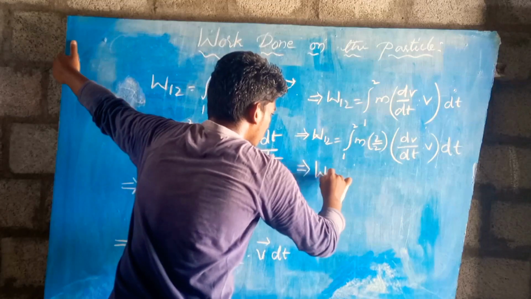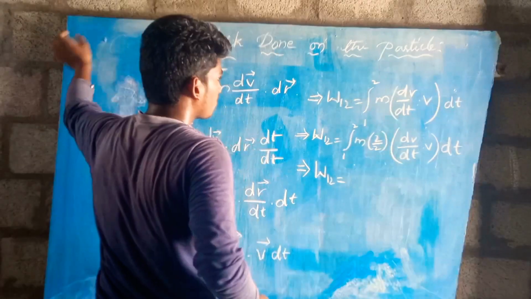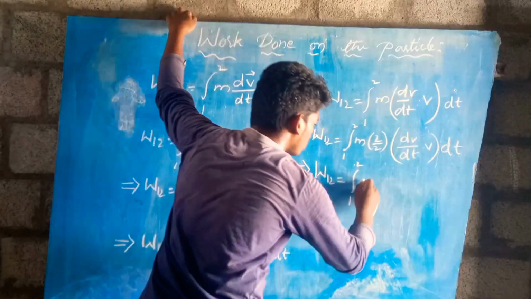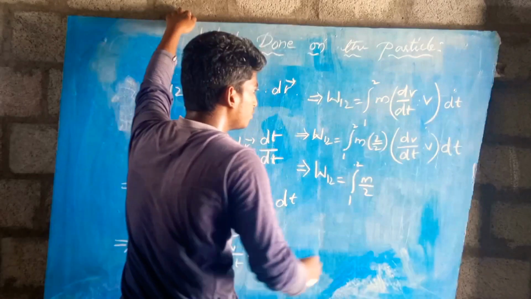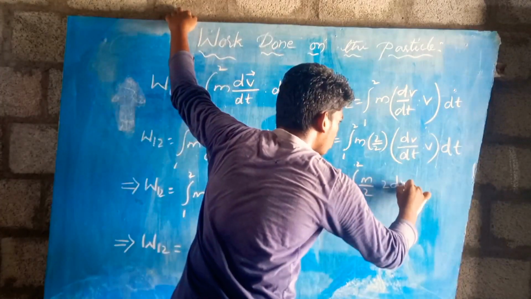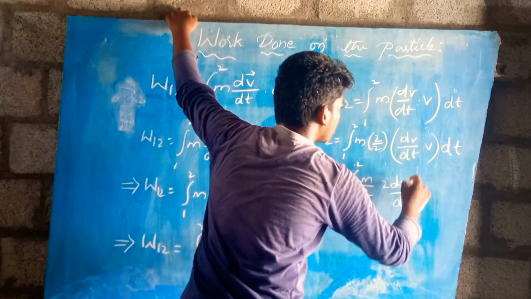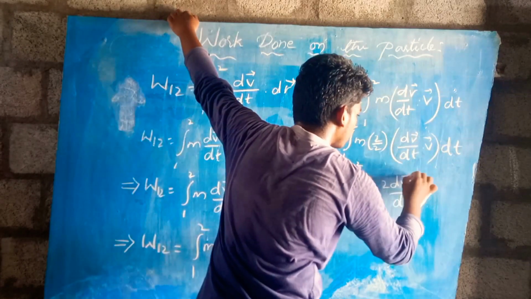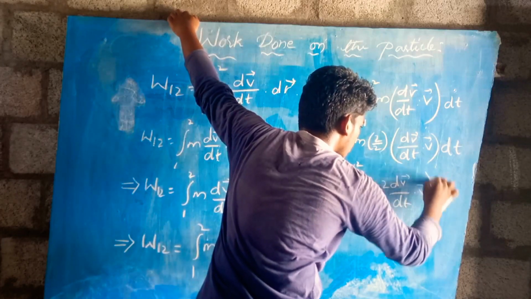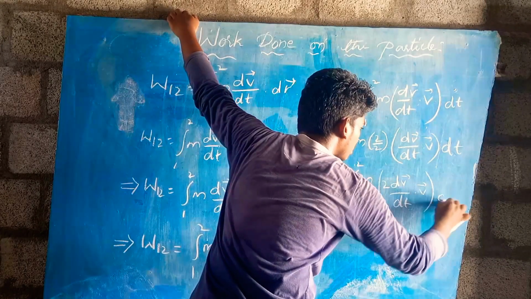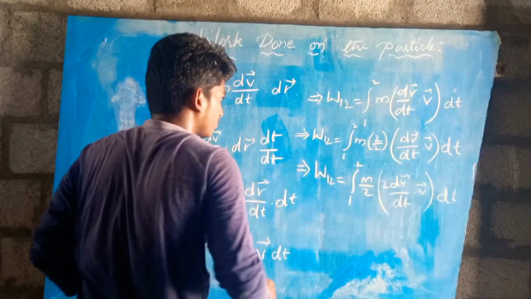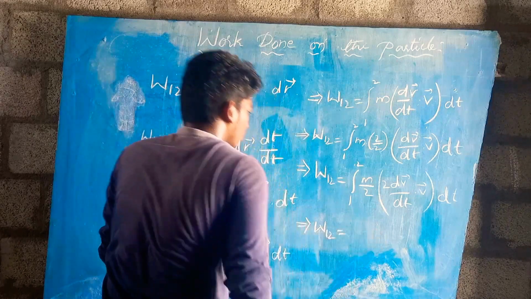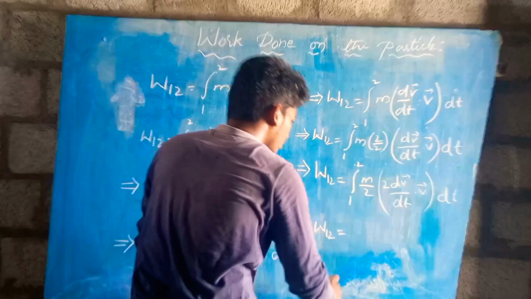That implies W12 is equal to integral 1 to 2 m by 2, 2 dV by dt times v dt.